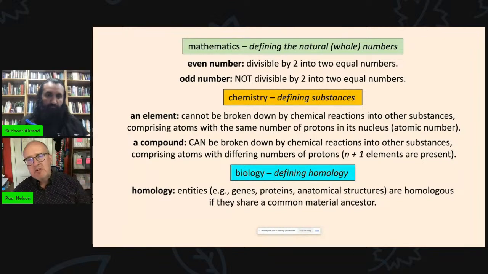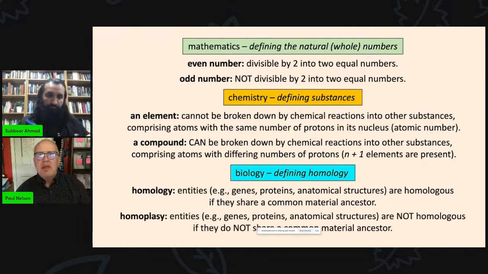So classically, homology, since Darwin, is defined as sharing common ancestry. Entities, whether genes, proteins, anatomical structures, right on up to behavior, we consider those things homologous if they trace back to a shared material ancestor. Then the contrast class in this case would be homoplasy.